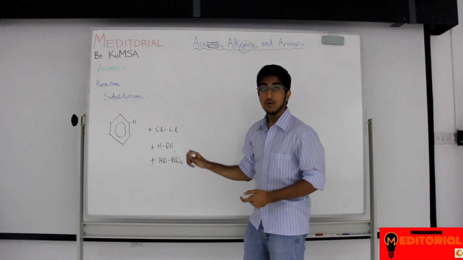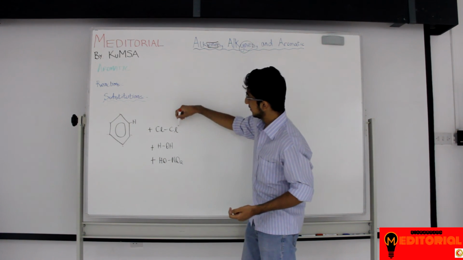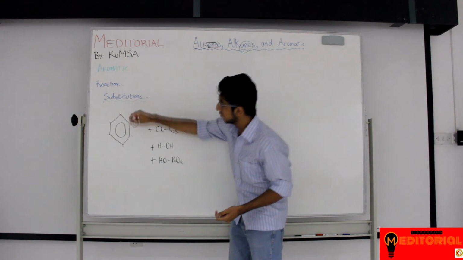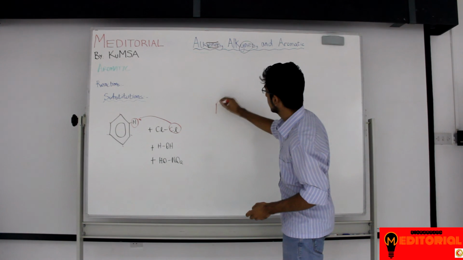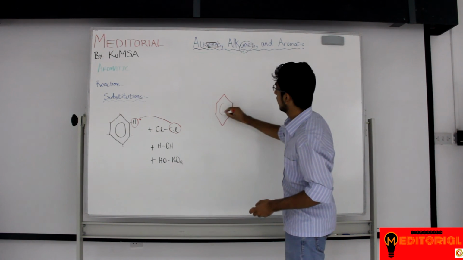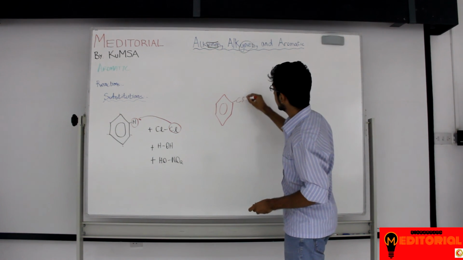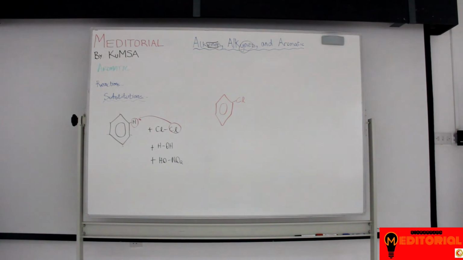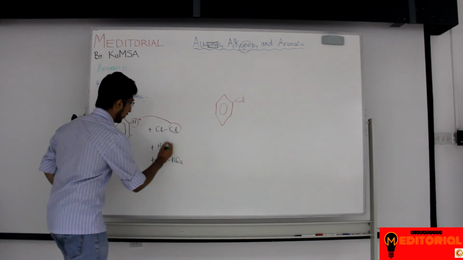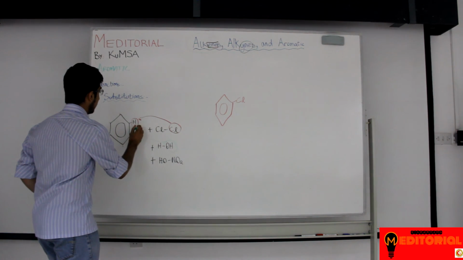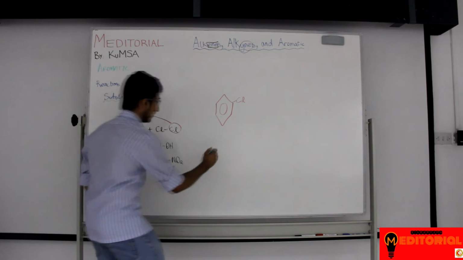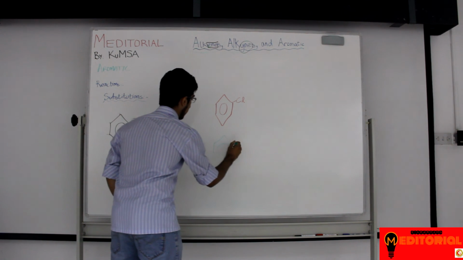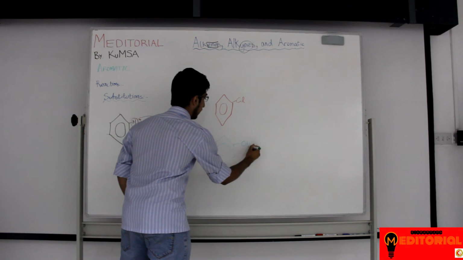If I combine it with a chlorine molecule, what happens is this chlorine molecule will substitute with this H, producing a compound like this. What about if we take a water molecule? If we take a water molecule, this OH will combine with this, leaving a molecule like this.